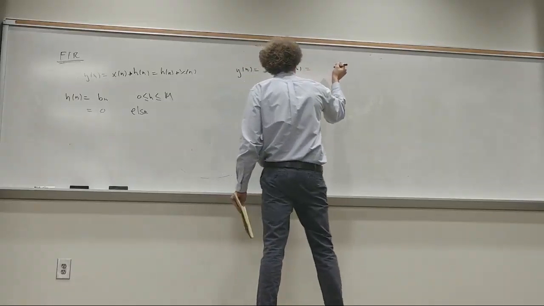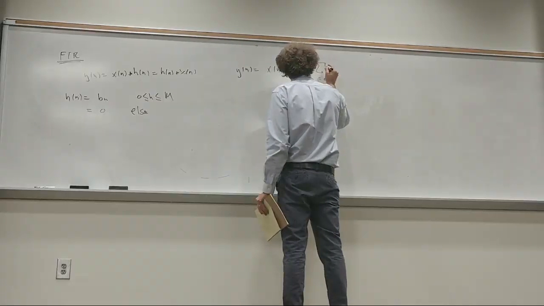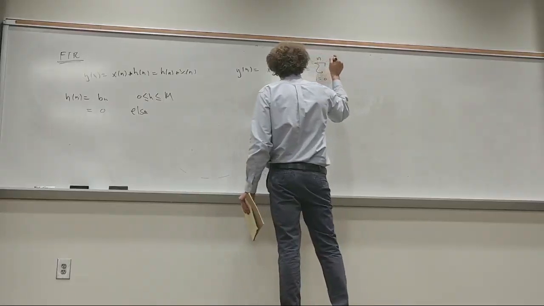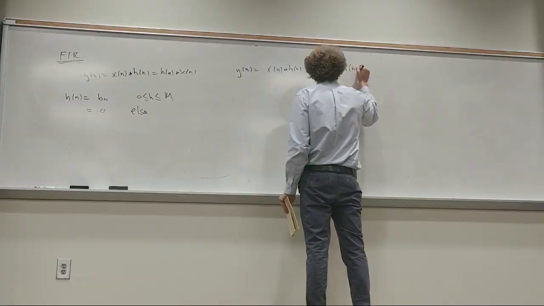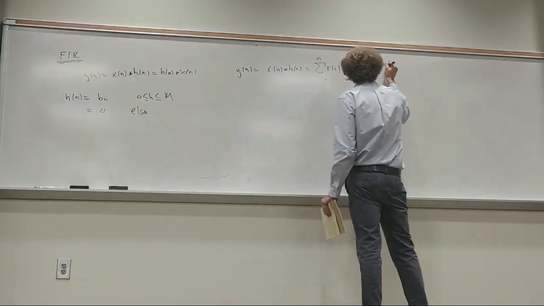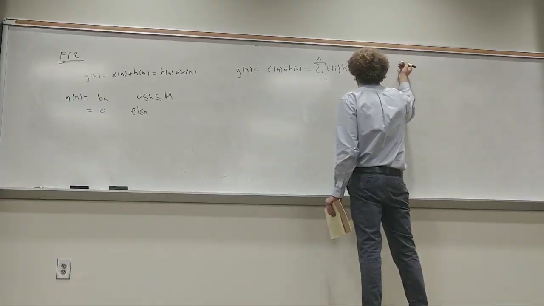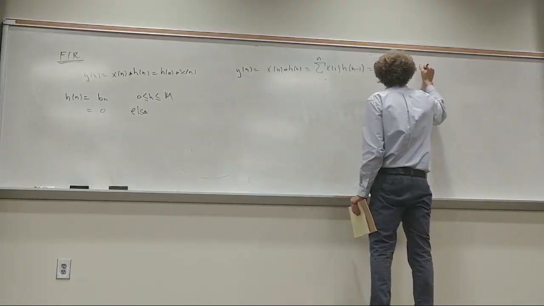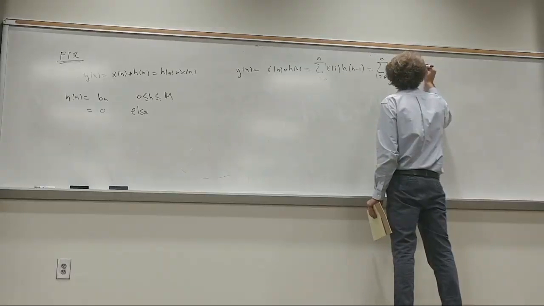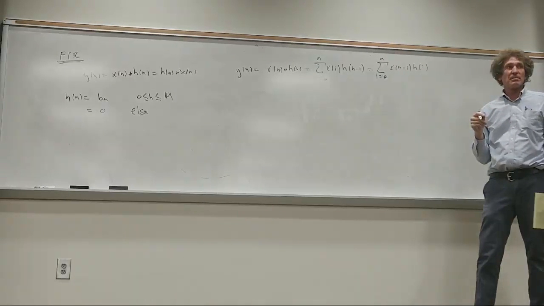Discrete time convolution is the sum from i equals 0 to n, you can go to infinity, but it makes no sense to, of x of i times h of n minus i, or it's also equal to, since order makes no difference, x of n minus i times h of i. The order makes no difference. That's the definition of convolution. Do you agree with me, everyone?